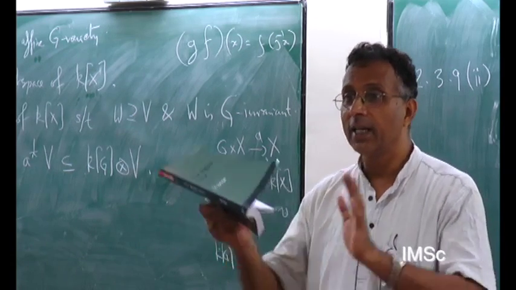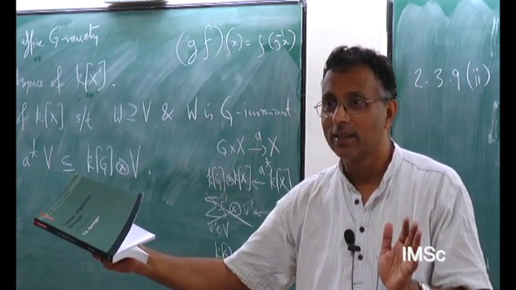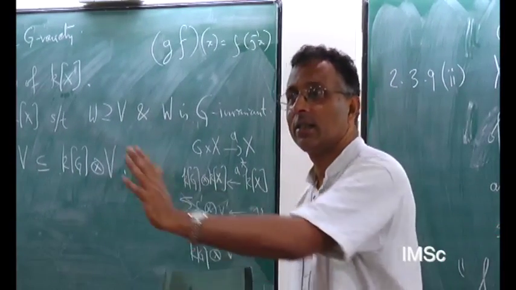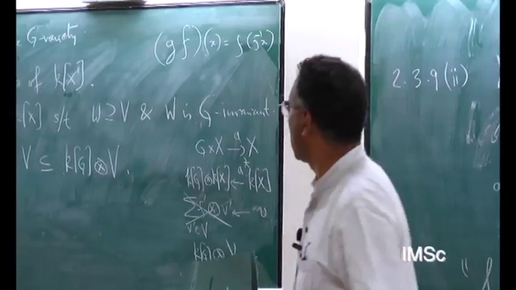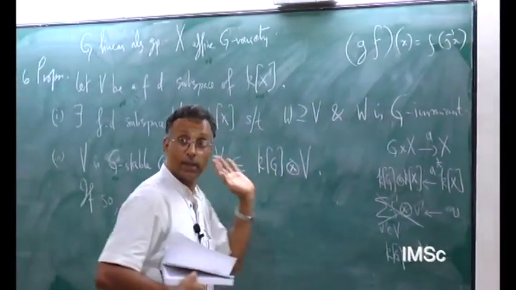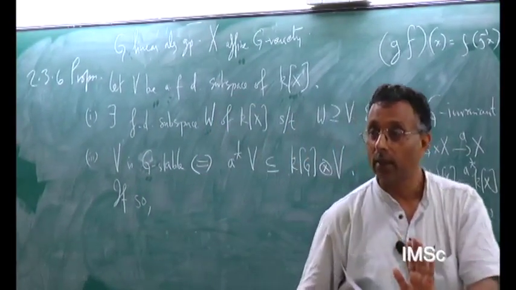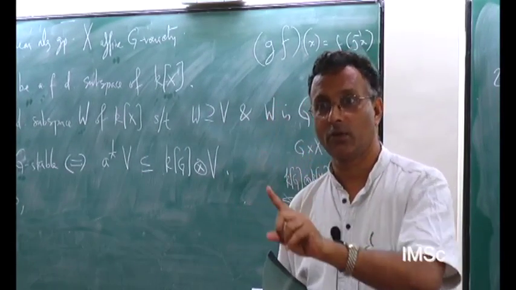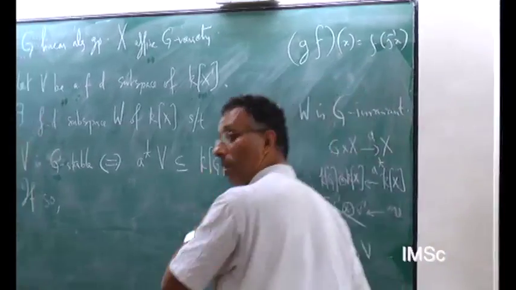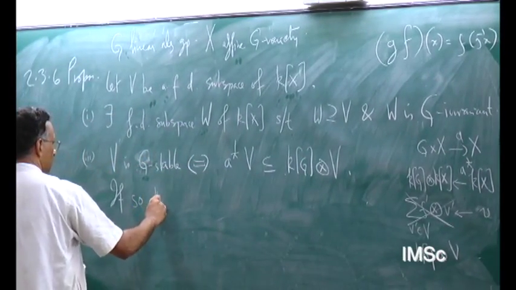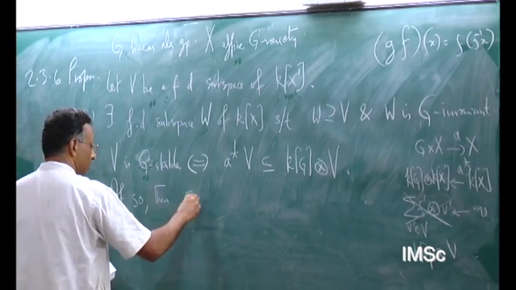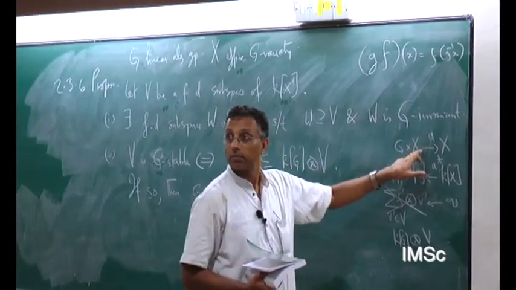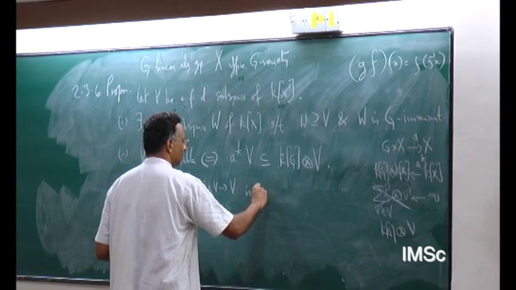But K[G] being an infinite dimensional space, you want to say that it is a union of finite dimensional spaces. The first part assures you that indeed it is a union of finite dimensional G invariant subspaces, but I want more. I want to say that each one of those is a rational representation of G. So that is, if so, then G cross V to V, which is obtained by the restriction here, is a rational representation of G.